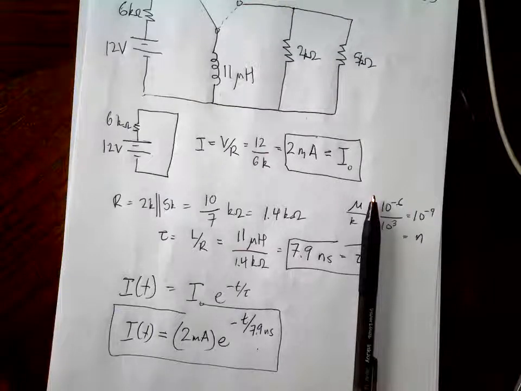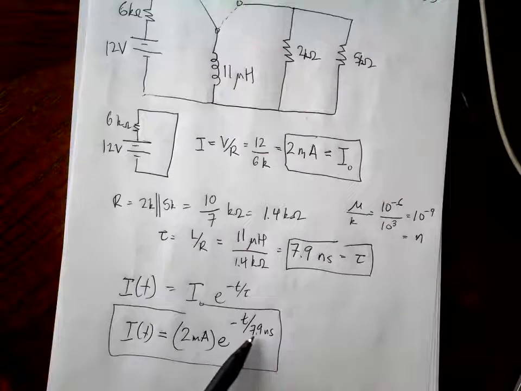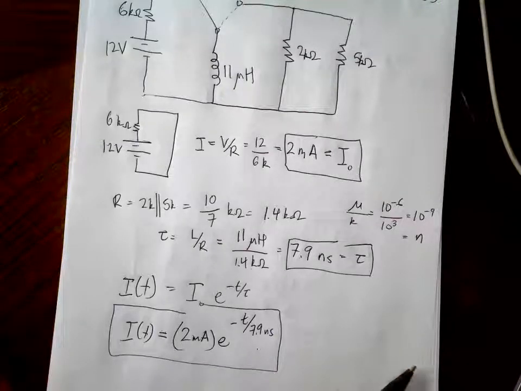If I asked what was the current after 1 second, 1 second is many time constants, right? A nanosecond is a billionth of a second. So after 1 second, the current would basically be 0. Okay, it would be extremely close to 0.